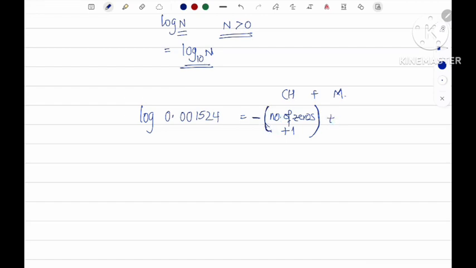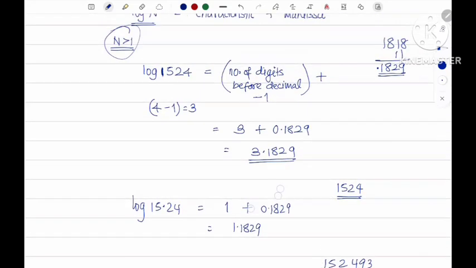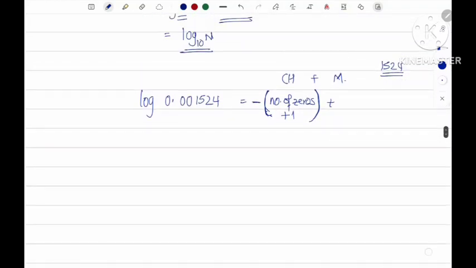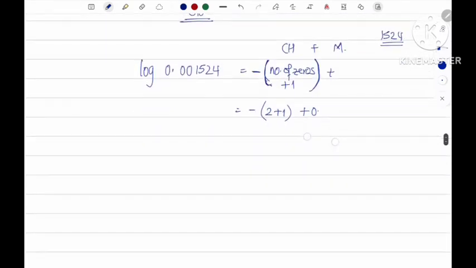And your mantissa is again, remove the decimal and find the number. Number is 1524. So mantissa of 1524 we have already found, 1524 is 1829. This will become minus 2 plus 1 plus 0.1829.